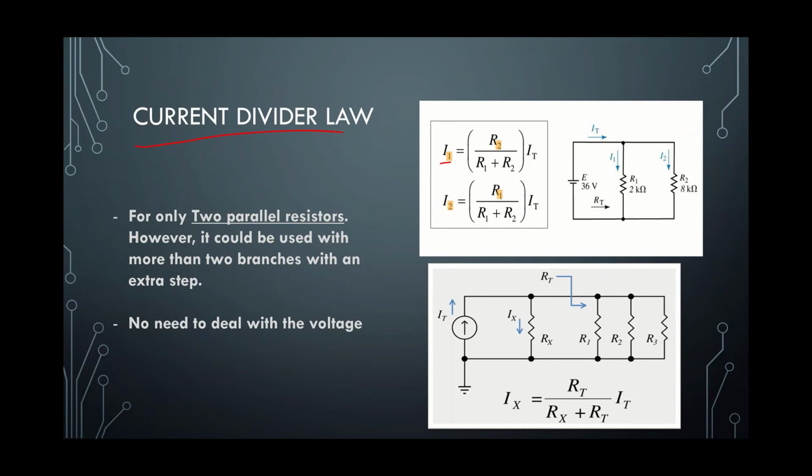Since the current is equal in the series circuit, the current divider law applies only to the parallel combination.